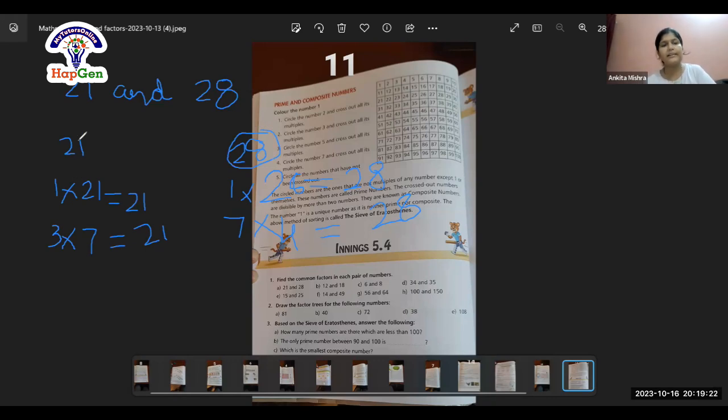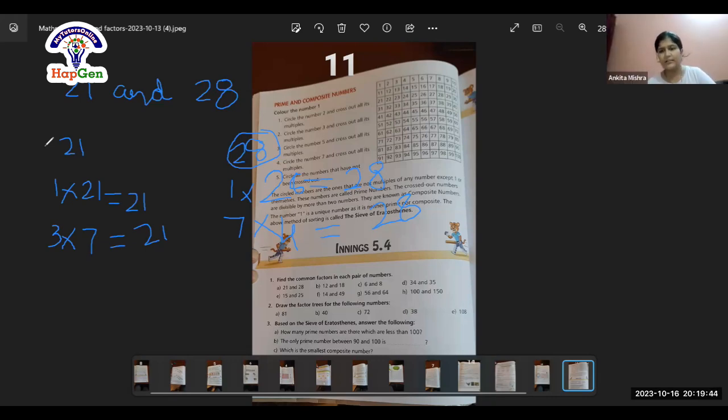But is 21 divisible by 2? No. So will it be common? No. So what are the common factors? 1 and 7. Yes, that's done.